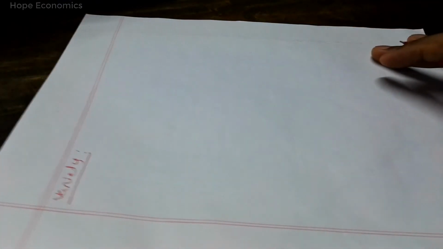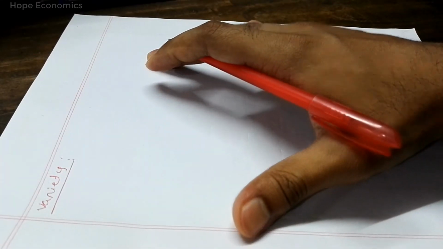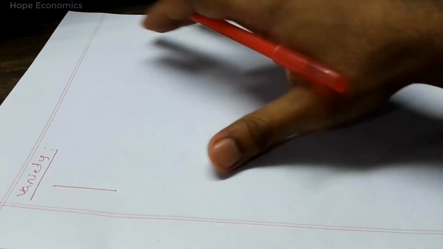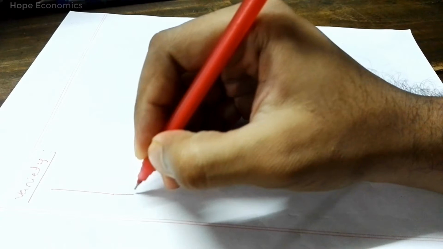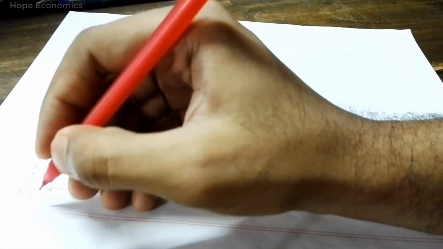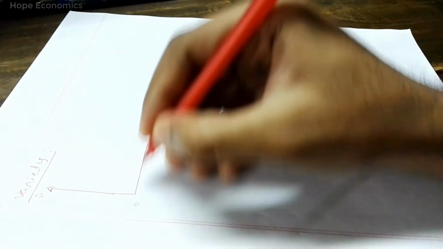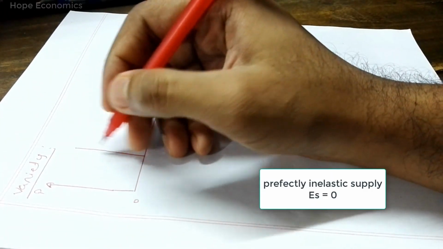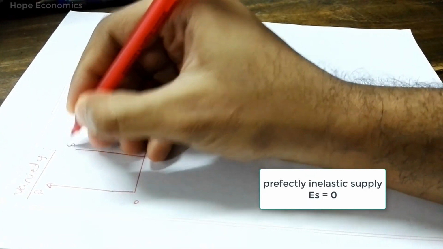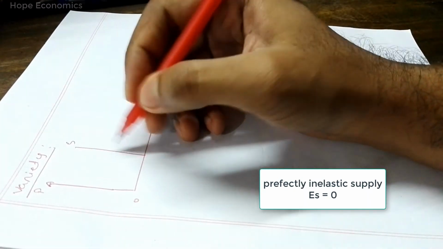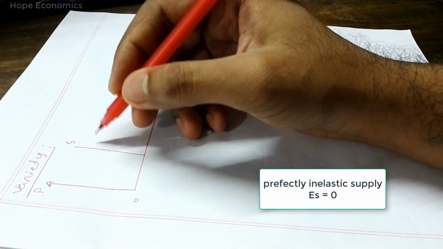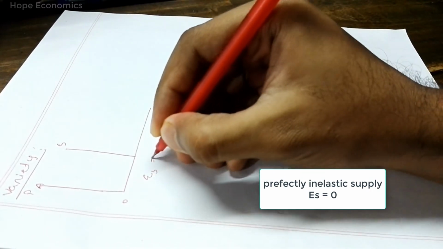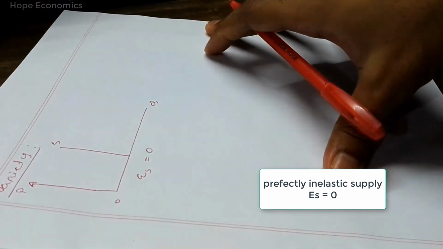So let's see how these curves look. A perfectly inelastic supply curve looks like a vertical line, and the price elasticity of supply is equal to 0 in this case.